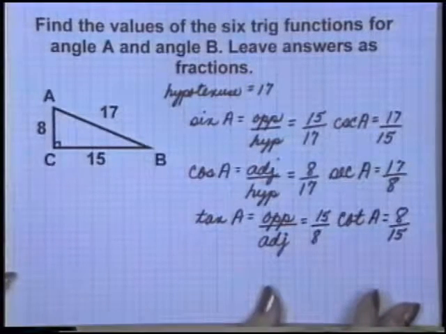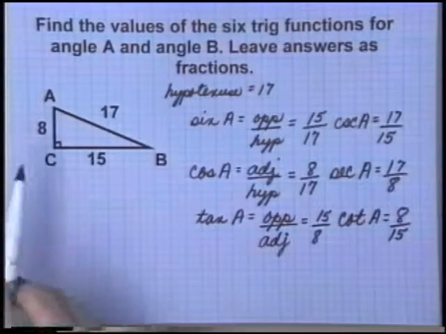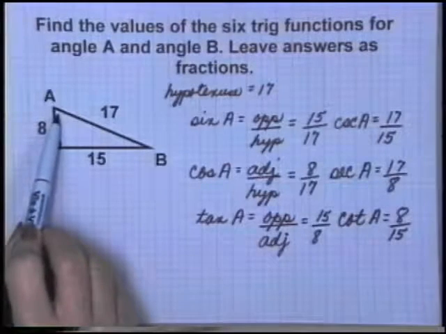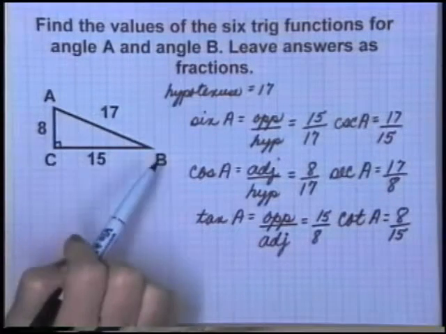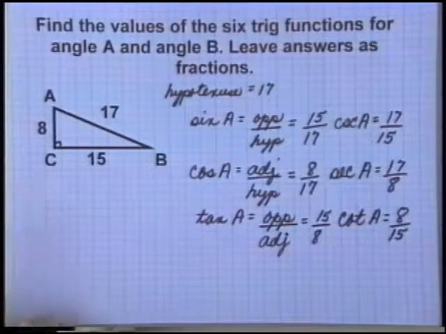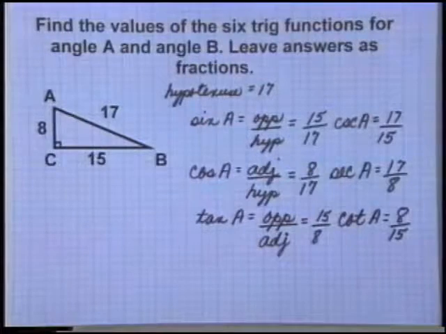Now let's write the trig functions for angle B, and before we do that, what's the relationship in angle A and angle B? They are complementary angles because their sum is 90 degrees. Let's look at this right triangle.